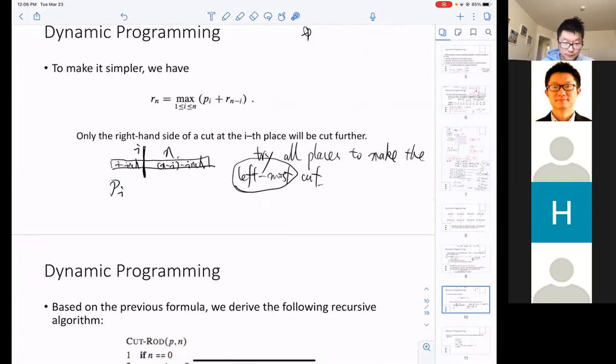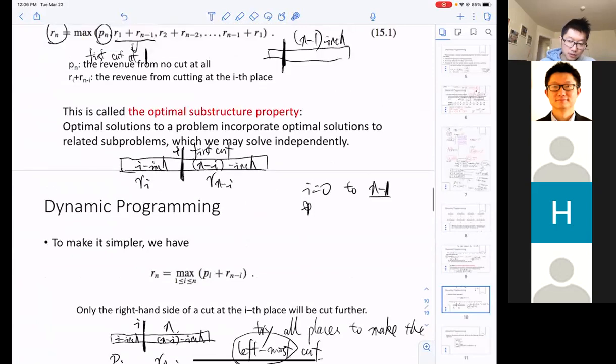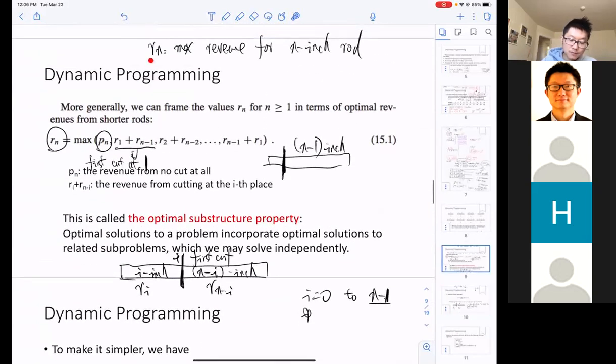Makes sense. Yeah. Okay, but for the right part, we are allowed to cut it as many times as we want. So the maximum revenue that we can make from the right part is R(n-i). Remember, Rn stands for the maximum revenue that you can make from selling a rod of length n.